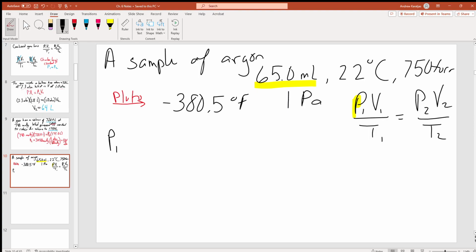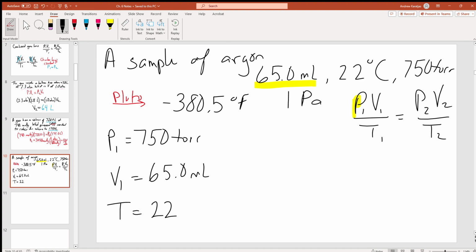So let's line up all of our numbers and see what we have. P1, our initial pressure, 750 torr. Our initial volume, 65 milliliters. And our initial temperature, 22 degrees Celsius. Our second set of values: P2, 1 pascal.